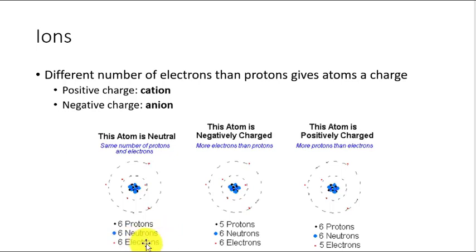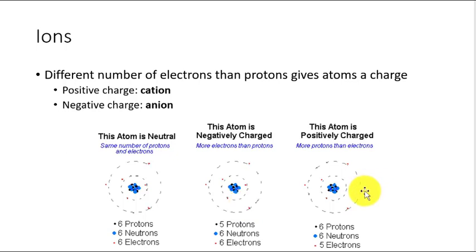But now let's say we have an atom that has only 5 protons, but it has 6 electrons. Because we have 1 more electron than we do protons, the overall charge to this atom is -1. So we would say that this is an ion. Specifically, we would say this is an anion.